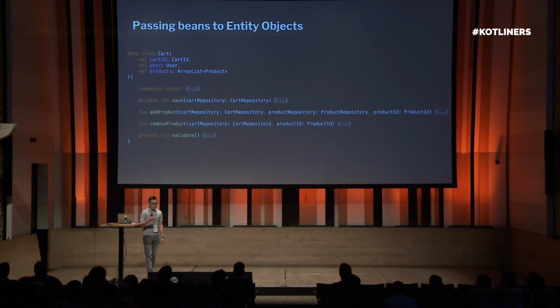How would you read it, right? Save this cart to this cart repository; add product to this cart from this product repository with this product ID; remove product from this cart repository with this product ID; and validate, but I will talk about it a bit later.